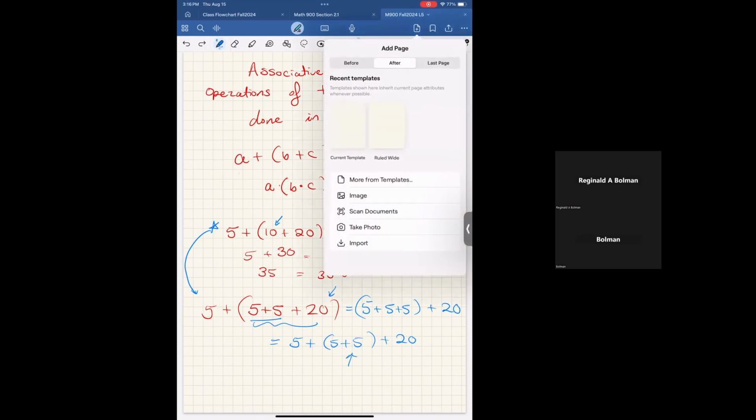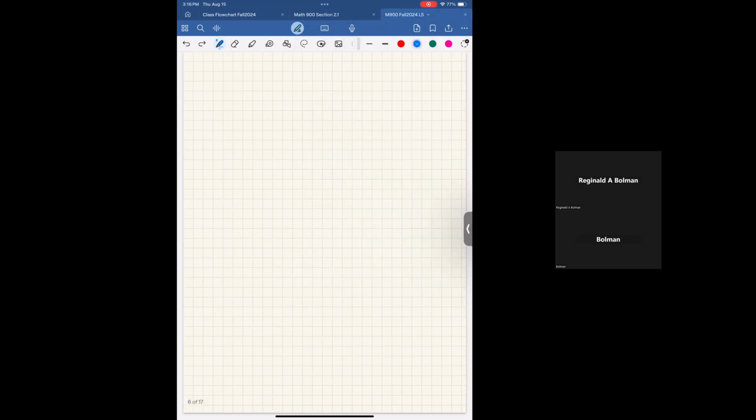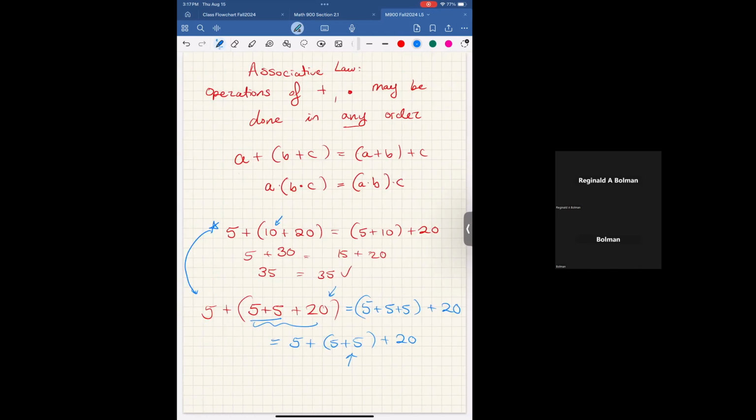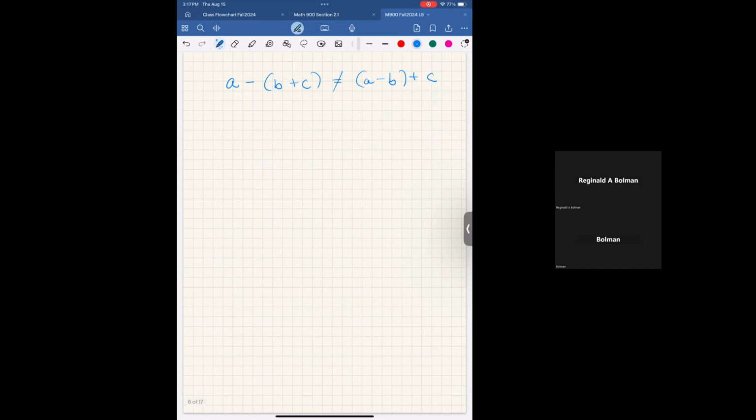So for example, let's just say you've got A minus B plus C. This would not be the same thing as A minus the quantity B plus C, okay? And it's simply because we changed this symbol here to a subtraction. It really is that simple. So if we change that sign to a subtraction symbol, it's going to mess everything up.